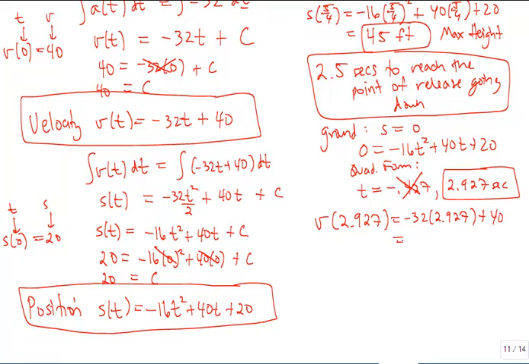And again, just punch that into your calculator and you get about negative 53.67. This is a velocity, so its units will be feet per second. And notice that it is negative. Velocity does have direction associated with it, and the fact that we're going down into the ground is why this velocity is negative.